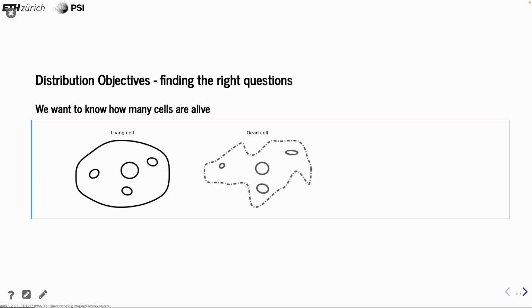But now we want to find different types of objects, and also it's about putting it into the right questions. So for example, if you have a microscope image of a cell culture, you may see some clusters of living cells, some dead cells in between, and one thing is to try to characterize living or dead cells.